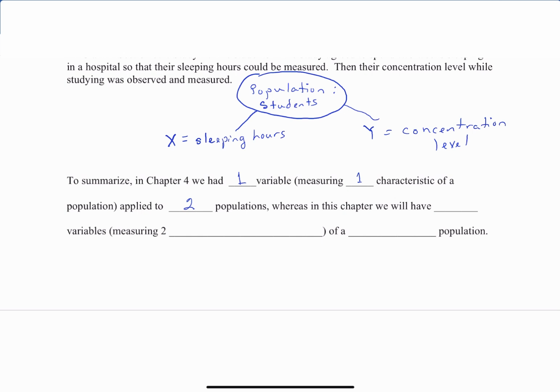Whereas in this chapter, we will have two variables measuring two characteristics of a single, in other words, one population.